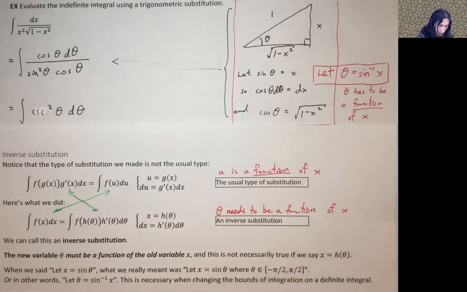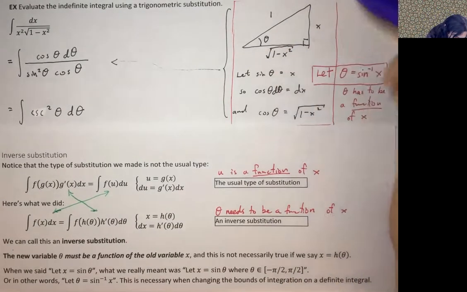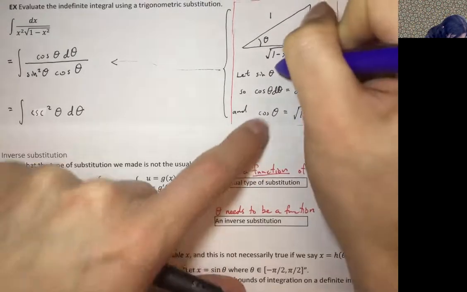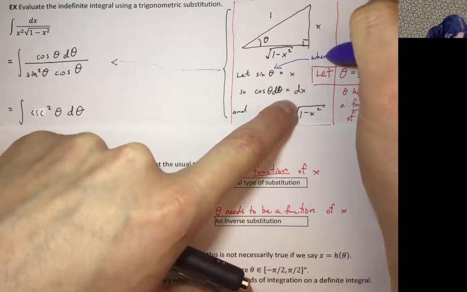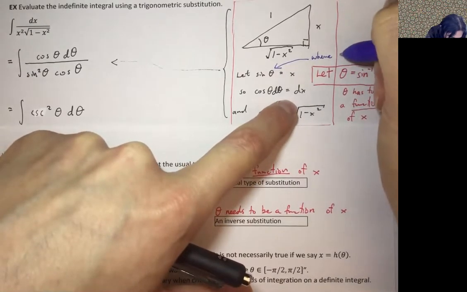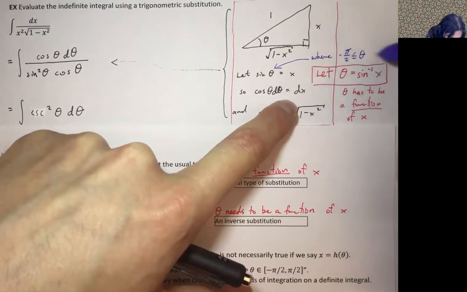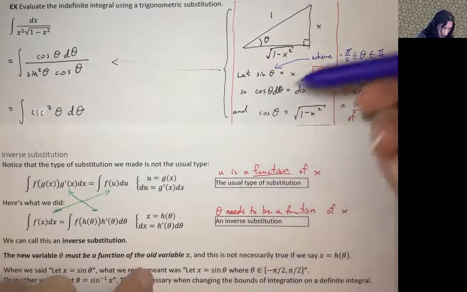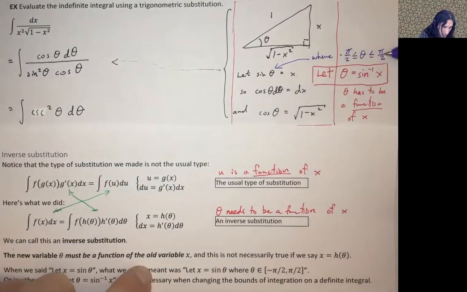Okay, so let's put this right here up in blue, where our theta is between minus pi over 2 and pi over 2. Okay, so to properly talk about the substitution, you either need this line plus my blue, or just do it all in terms of the red. But remember, doing it in terms of the red ink here is going to make it much more difficult. All right.